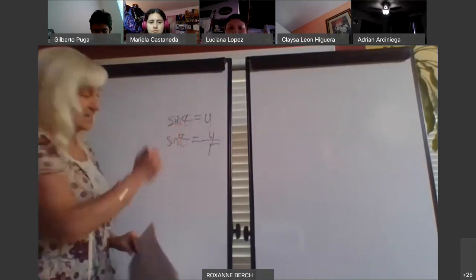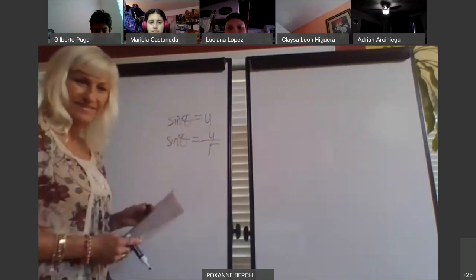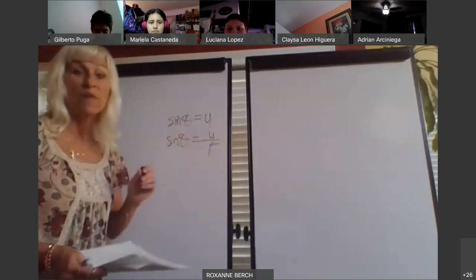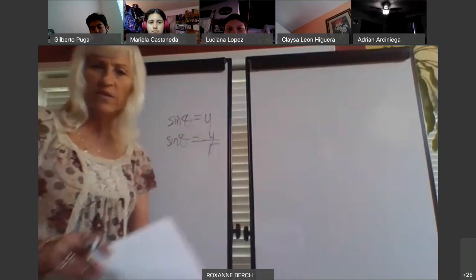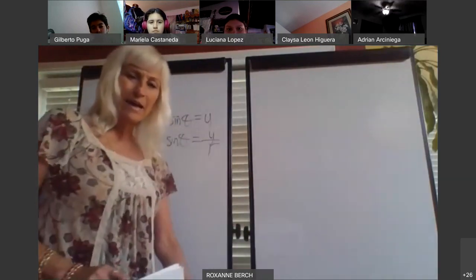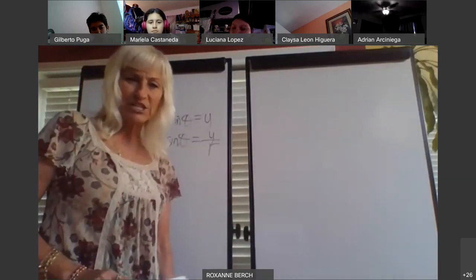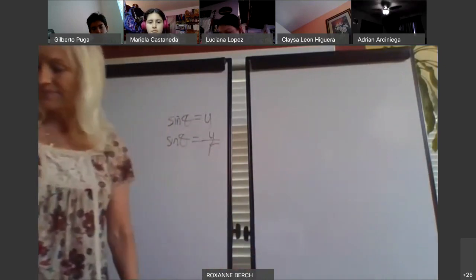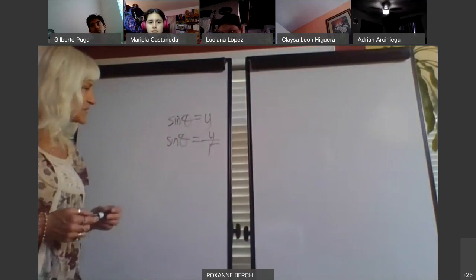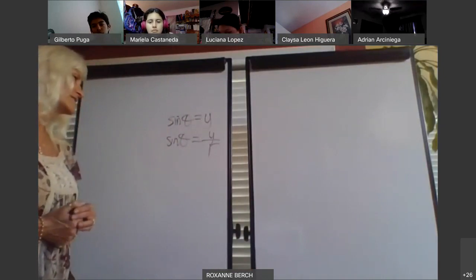Because this sine is for the unit circle, and this sine is when the radius is not 1. So let's say the radius is 5. Let's say the radius is 10. There's a bunch of different definitions, and there's more than this.